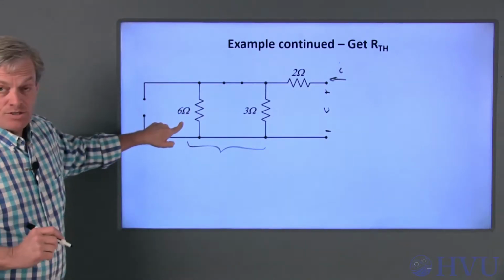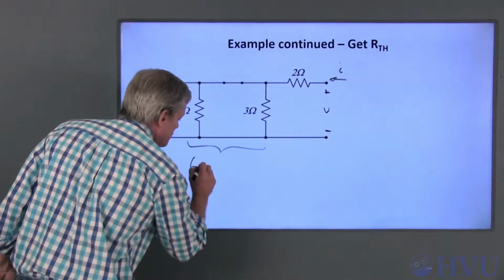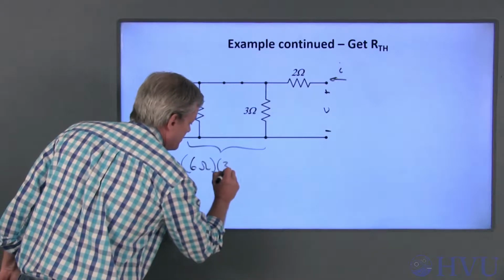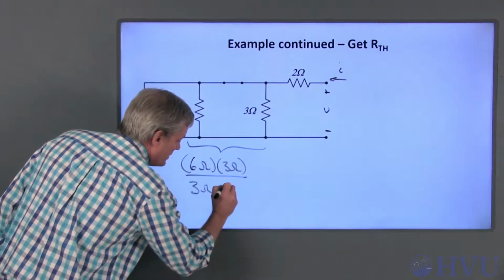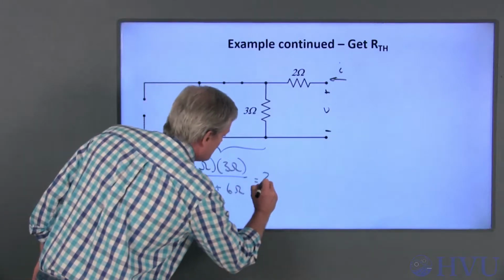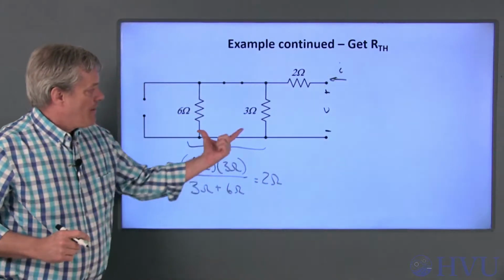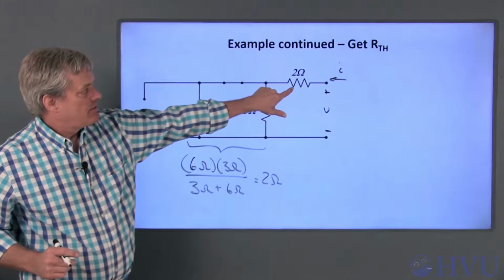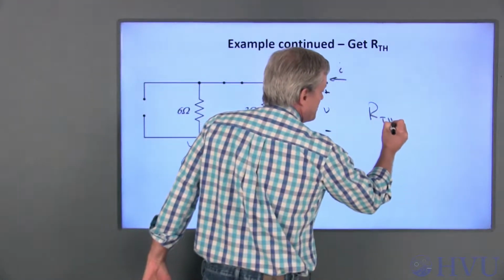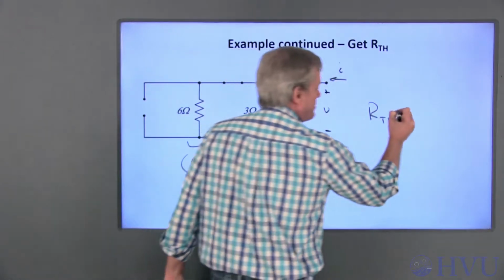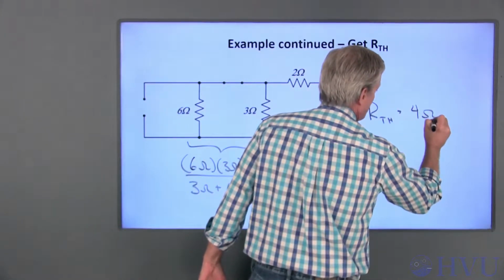These two resistors are in parallel, so its equivalent resistance is the product over the sum: 3 ohms times 6 ohms over 3 ohms plus 6 ohms, which turns out to be 2 ohms. This resistance is then in series with this 2 ohm resistance, so RTH, which is the ratio of this voltage to this current, is 2 plus 2 or 4 ohms.